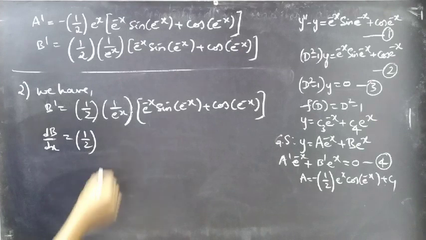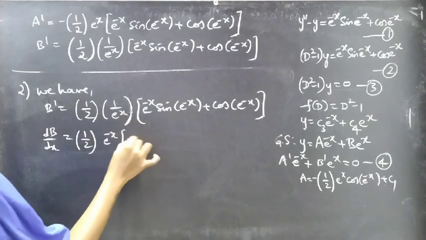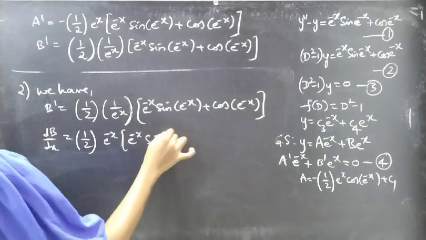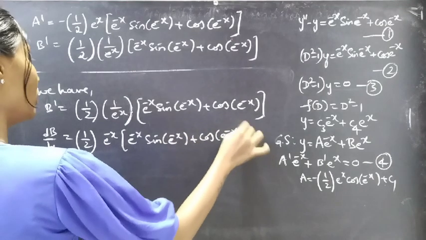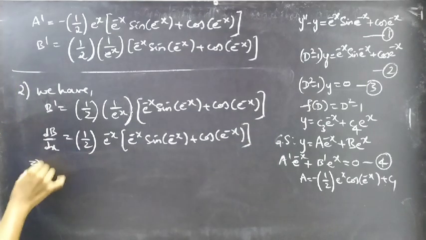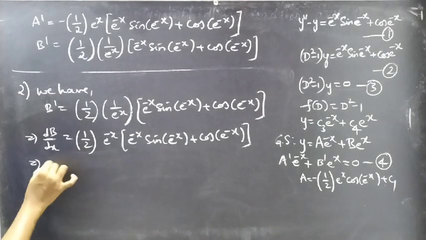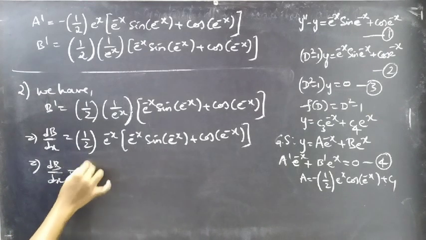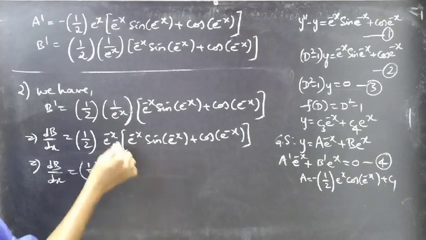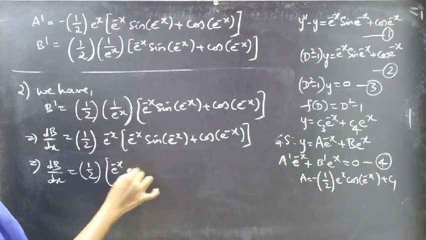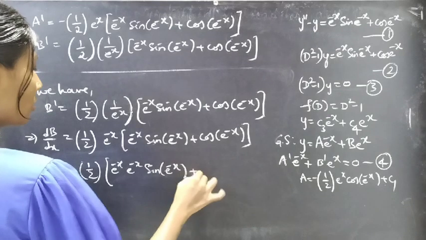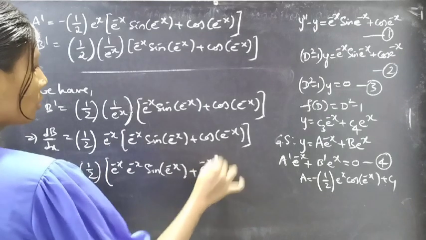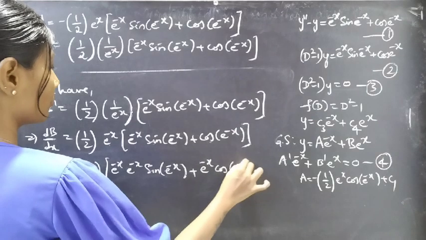You can write the reciprocal of e^x as e^(-x), and the terms under the brackets remain the same. Now let's separate the variables, or just write one more step: e^(-x) into e^(-x) sin(e^(-x)) plus e^(-x) cos(e^(-x)).